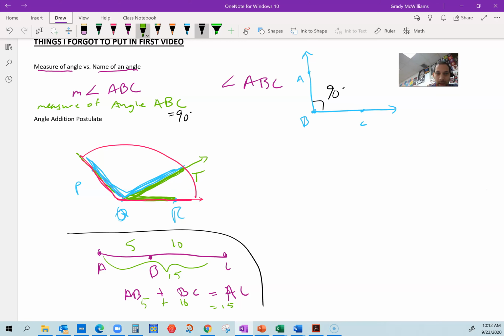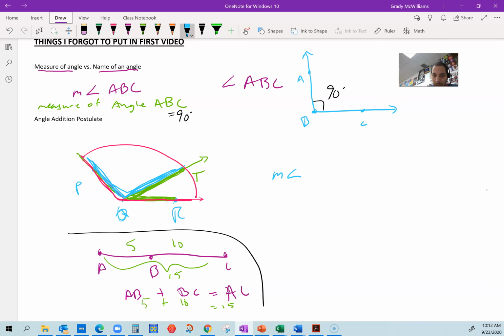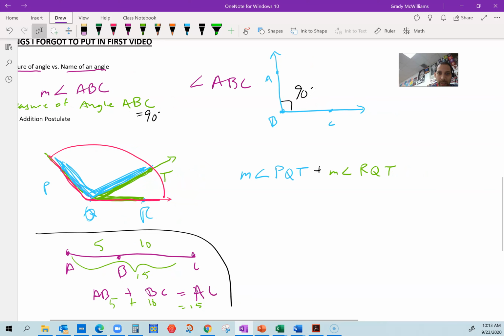So if I was to write this out, I would say the measure of angle PQT, that's this blue part again, plus the measure of angle RQT, and together that would equal the biggest angle, the red one here, the entire thing, that equals the measure of angle PQR.